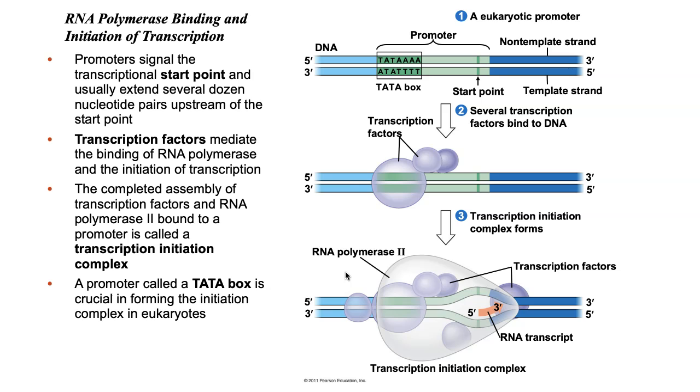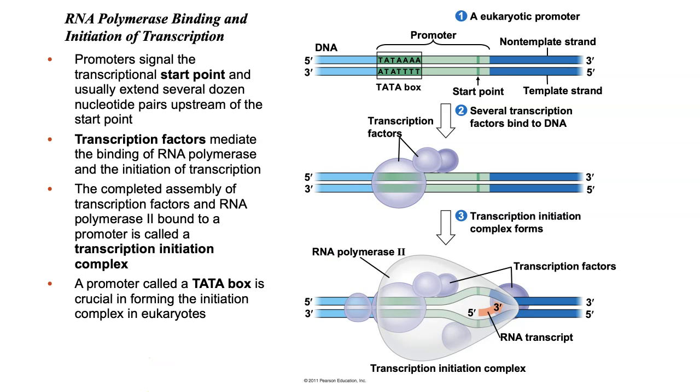So we learned about DNA polymerase in the previous chapter, and DNA polymerase read DNA to build more DNA. RNA polymerase reads DNA to build RNA, and this particular one is RNA polymerase II.